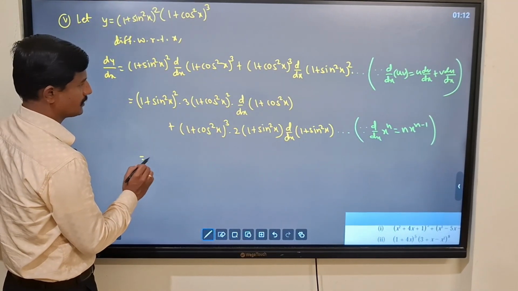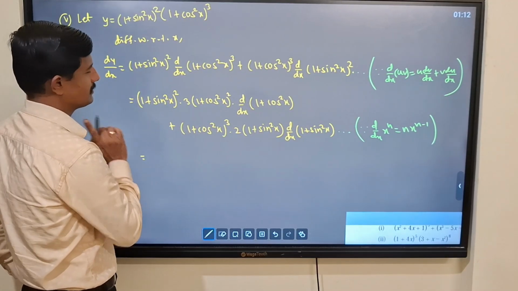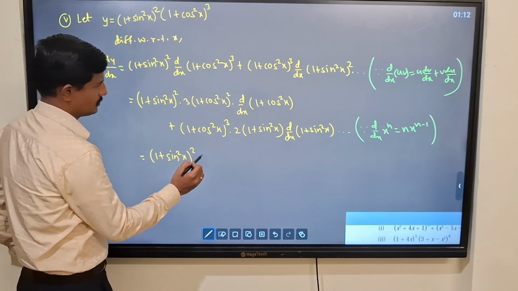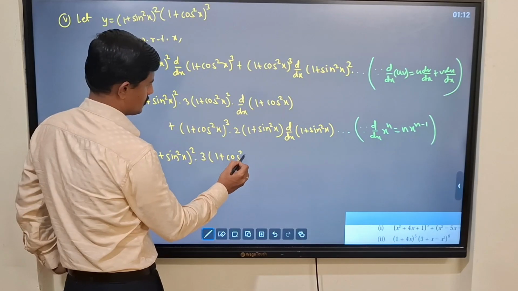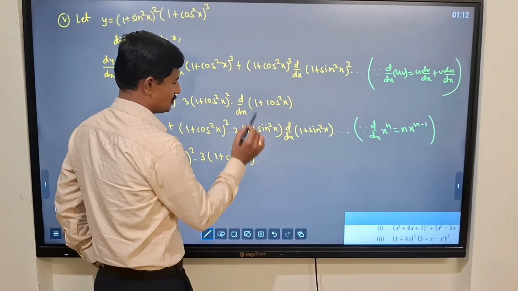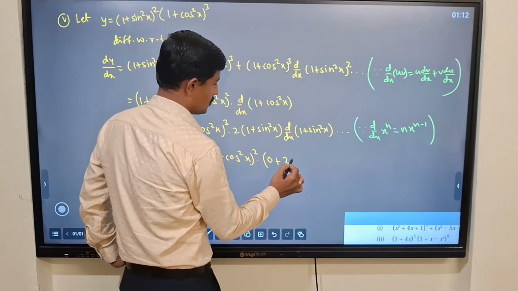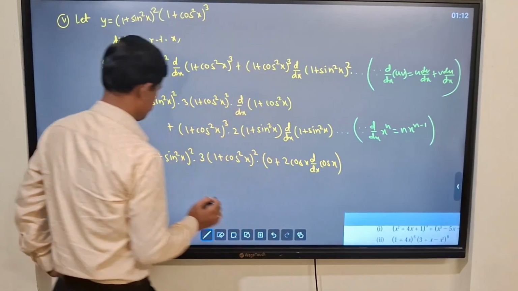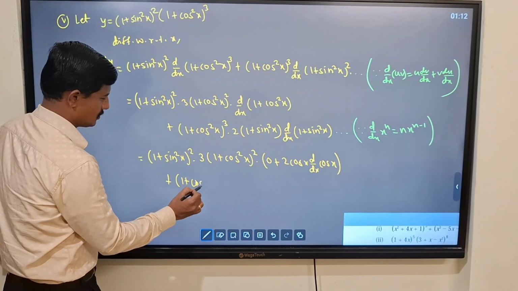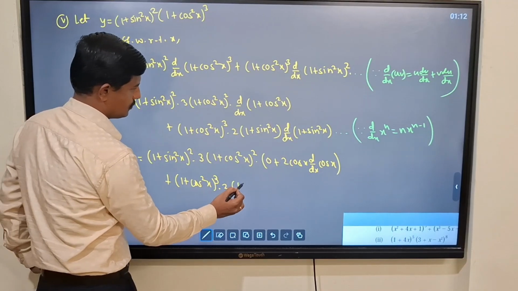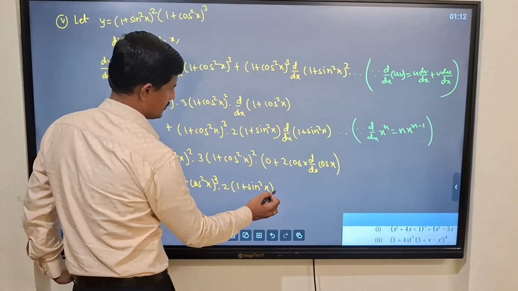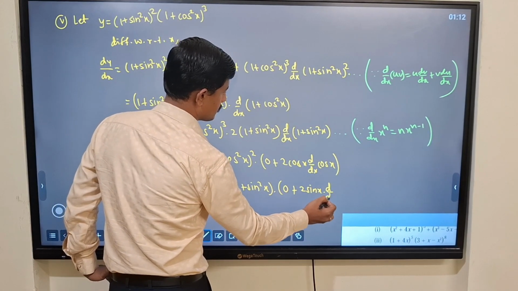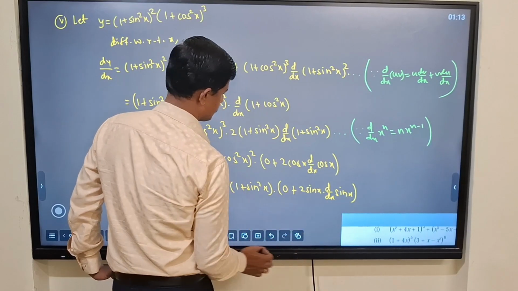Here we can take out common. Okay, I will not go for common first. (1 + sin²x)² into 3(1 + cos²x)² into the differentiation of this term, which is 0 plus 2 cos x d/dx of cos x, plus (1 + cos²x)³ into 2(1 + sin²x) into 0 plus 2 sin x into d/dx of sin x.